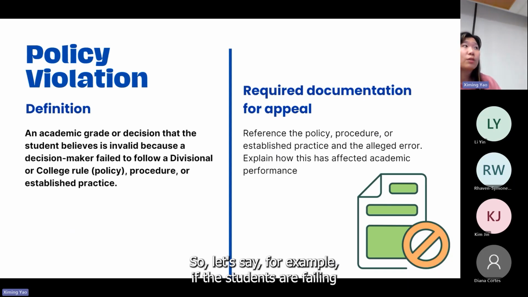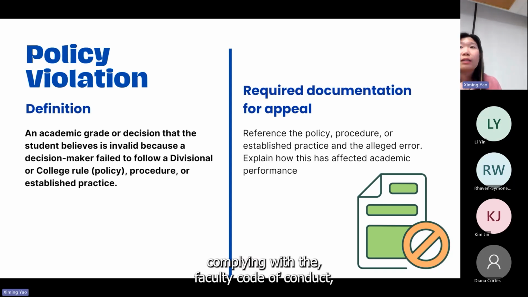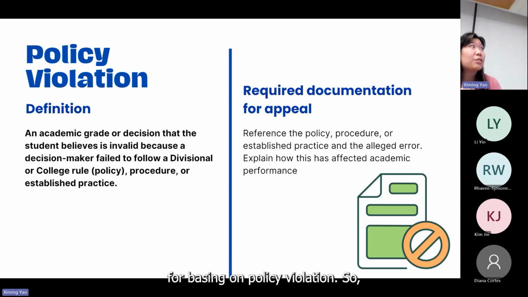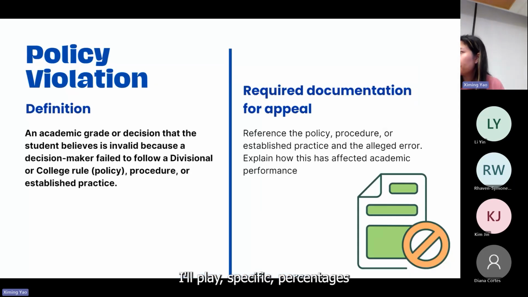Let's say, for example, a student is failing a grade because the professor is not complying with the faculty code of conduct. This is the kind of situation where students can appeal based on policy violation. For course management, there is an outline with specific percentages allotted to specific assignments and tests.